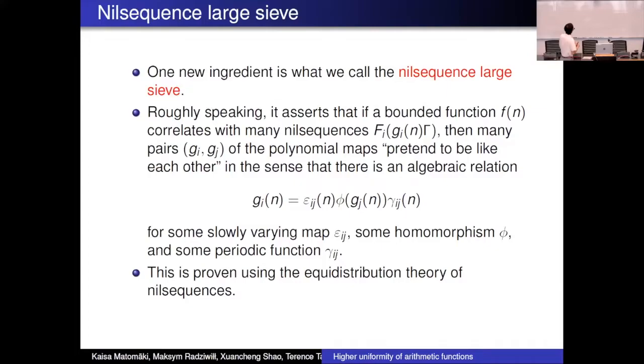Now, there are some caveats because nilsequences can be parameterized in various ways. You can compose with a homomorphism and change your basis on your nilmanifold. You can also multiply by a periodic function, and you can also multiply by a slowly varying function. That's like modifying a frequency by a major arc, or a coefficient of a polynomial by a major arc frequency.